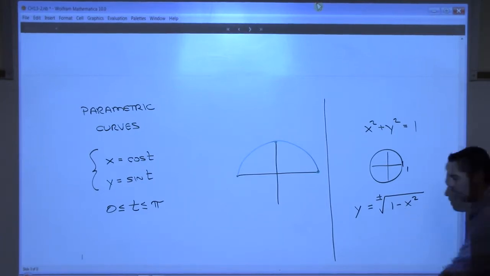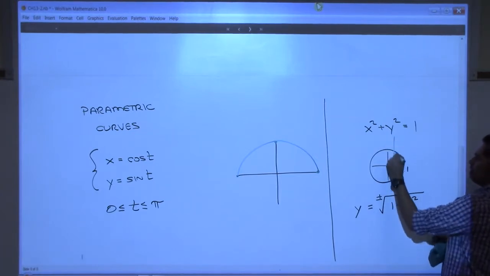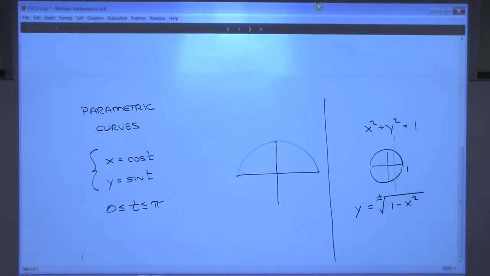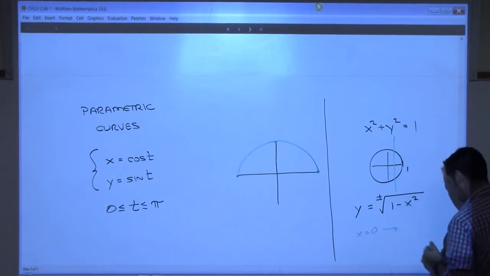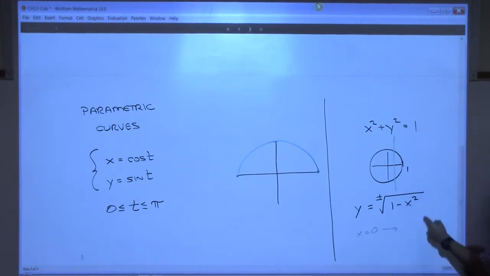We could tell that by just drawing a vertical line and running the vertical line test that we learned in college algebra. I'll just give you one more example of this. If I plug in 0 for x, what comes out for y? 1 or negative 1, right?